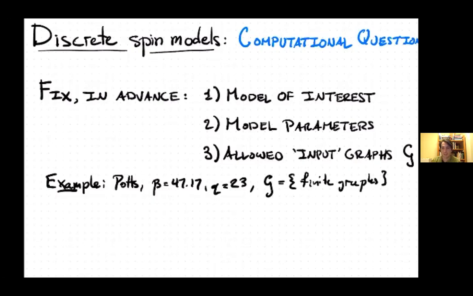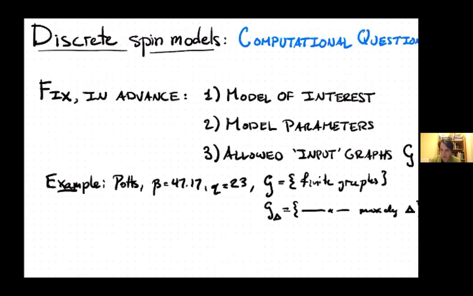Or if I wasn't feeling so ambitious, because that's a very big set of graphs, I could choose something like, say, G_delta, which is finite graphs of max degree delta. So those are 2 possible choices.